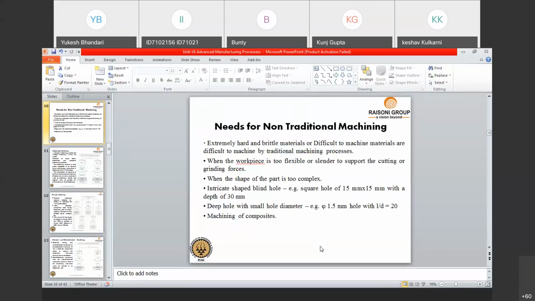Again, suppose your final product is very complex in design and complex in shape, or it is a secondary machining process where you need to follow a close tolerance.